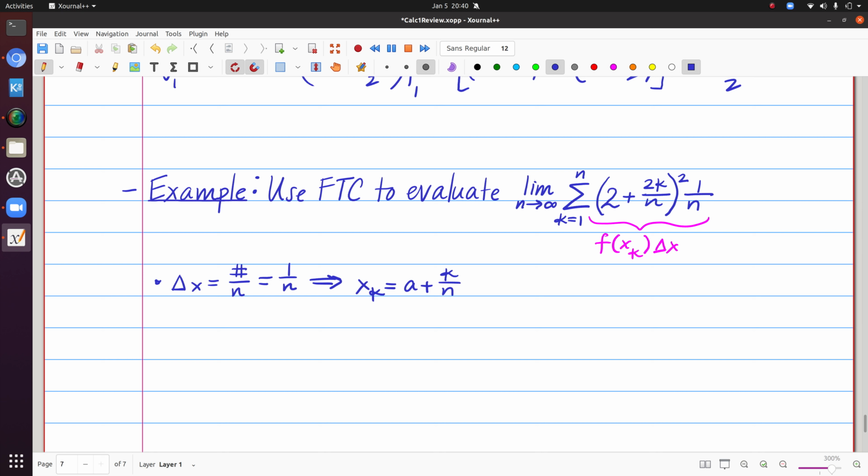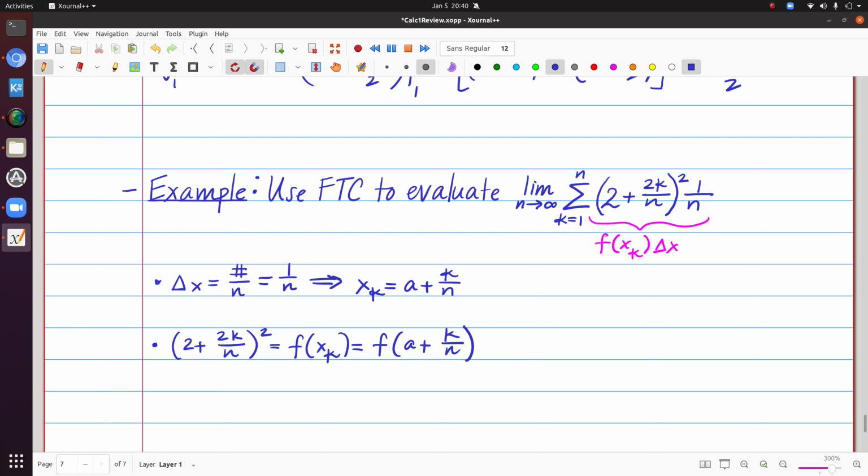But the other thing I know, looking at the original term up there, is that if 1 over n is playing the role of delta x, then the other part, 2 plus 2k over n all squared, must be the rest of what I need, f of x_k. Since we know what x_k is here, that must be f of a plus k over n.